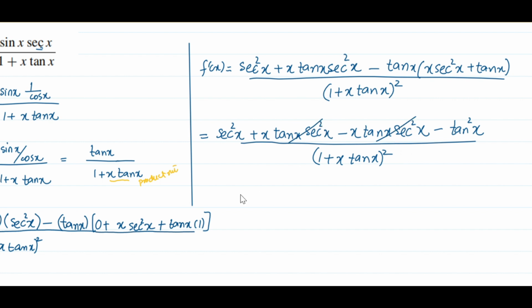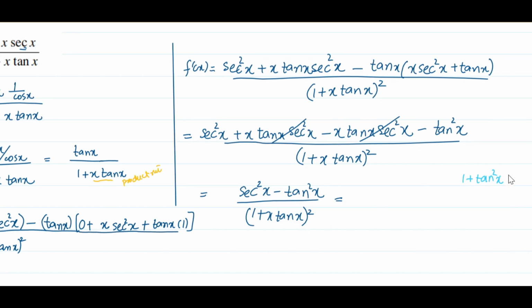The same terms would be cancelled out and we're left with secant square minus tan square of x over (1 plus x tan of x) square. According to the trigonometric identity, 1 plus tan square of x is equal to secant square of x. So here we take tan square on the other side, so secant square of x minus tan square of x is equal to 1. So plug 1 in this place and we are left with 1 over (1 plus x tan of x) square.